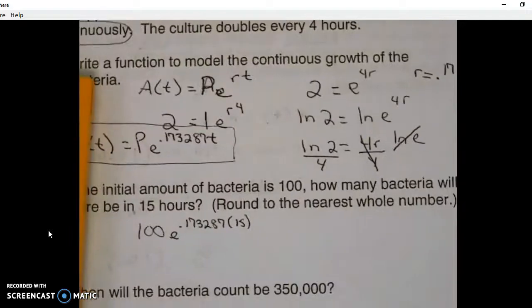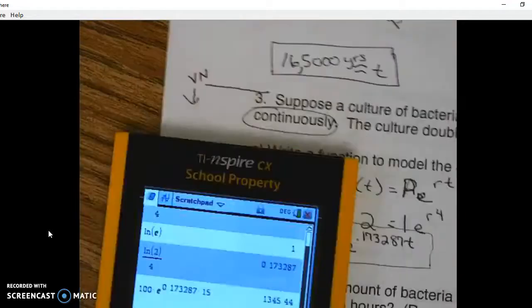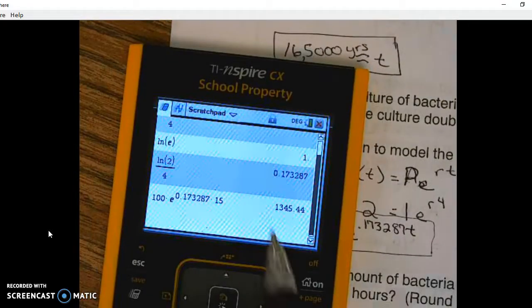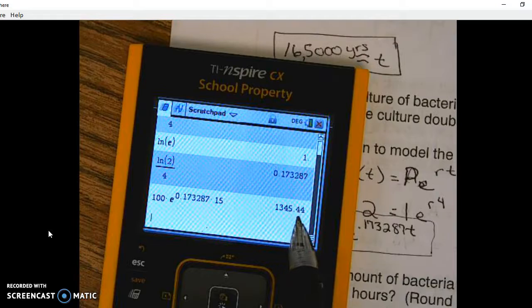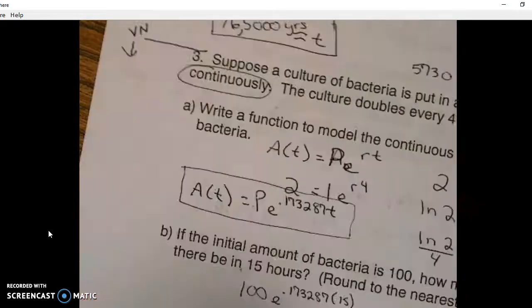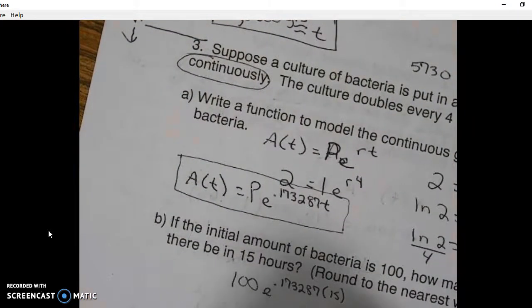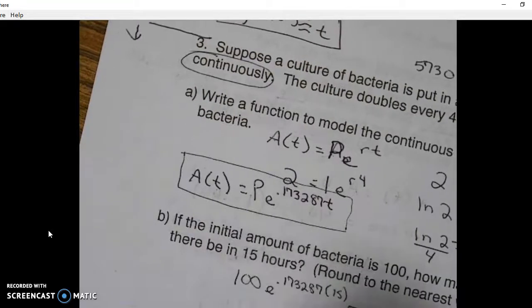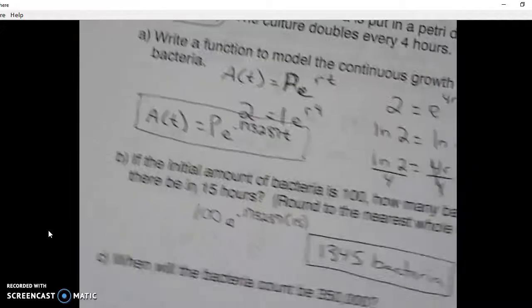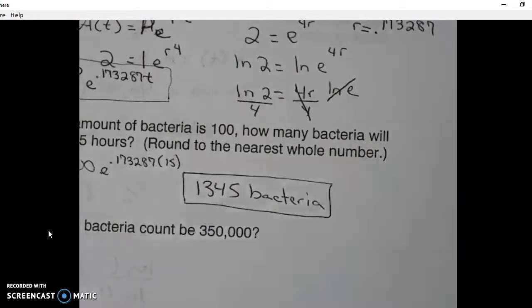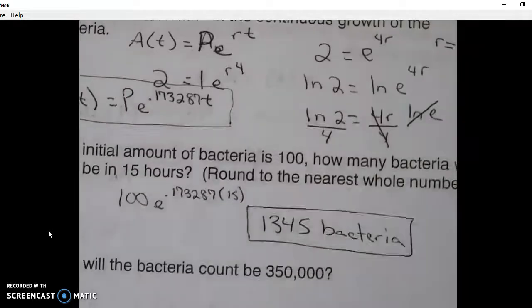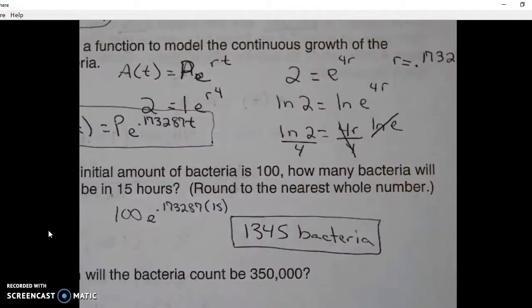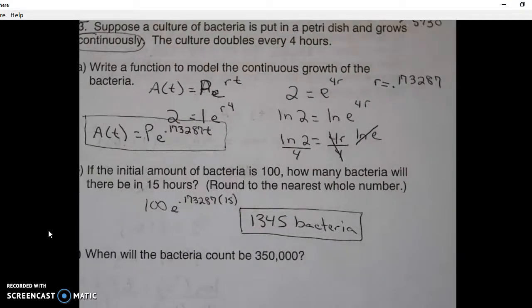It says round to the nearest whole number. So the nearest whole number is going to be 1,345 bacteria. It's a lot of bacteria.